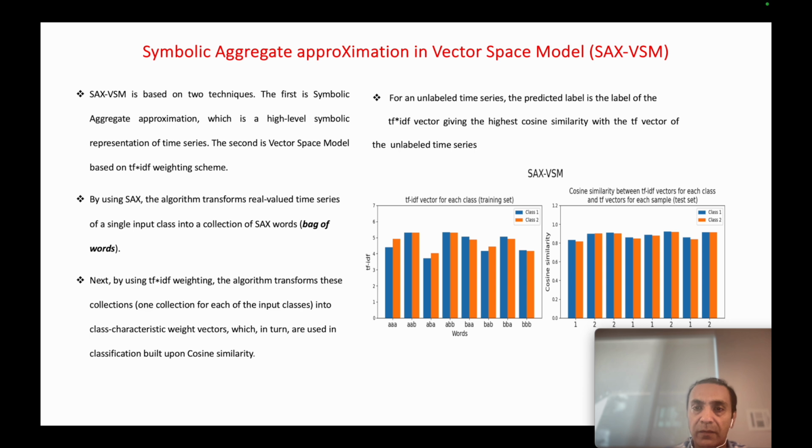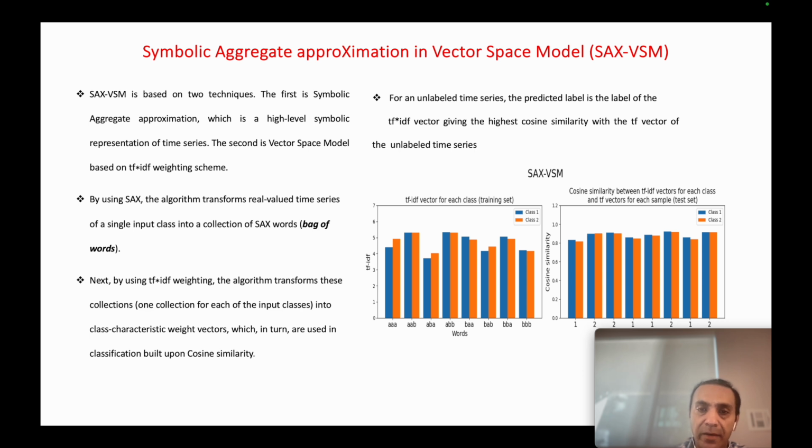So this graph on your right shows, on the left, the TF-IDF vector for each class in the training set. In the training set we had two classes, class 1 and class 2. And for simplification, imagine in a machine learning model you have two classes or binary classification, yes or no, or 0 or 1.